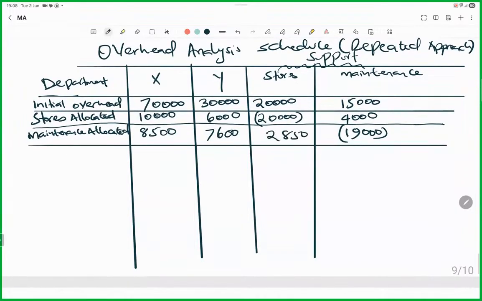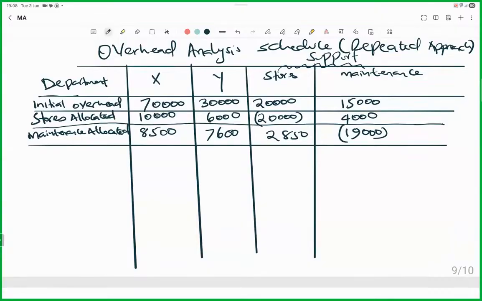But when I add these three, honestly, they're not giving me 19,000, not unless the percentages are wrong. X is wrong. I'm told X is supposed to be 8,550.